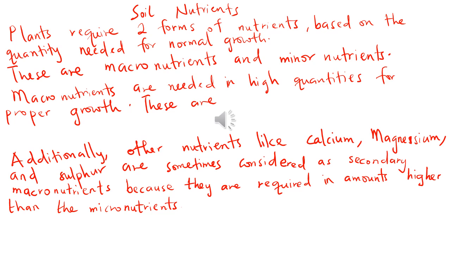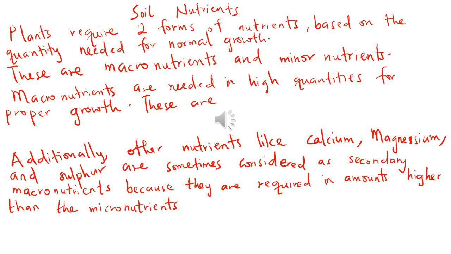Okay, all right, so let's talk about soil nutrients. Now, different types of soil have different nutrient content. So we know the different types of soil, and each soil has its own nutrient content.